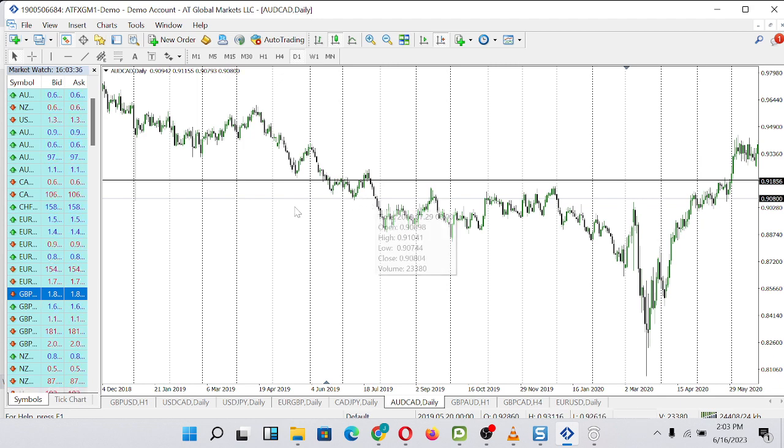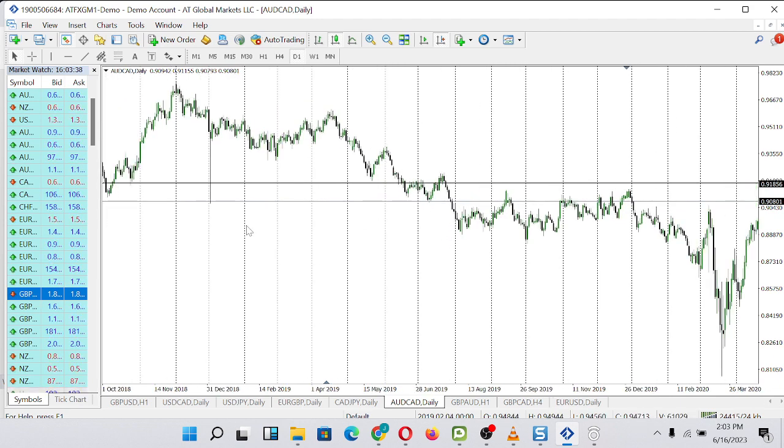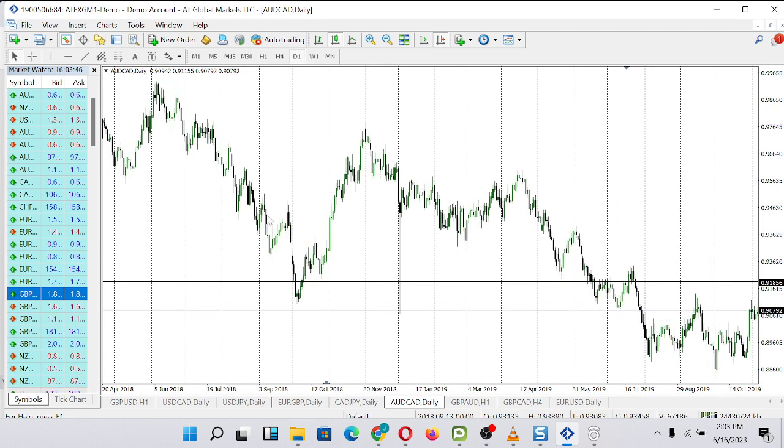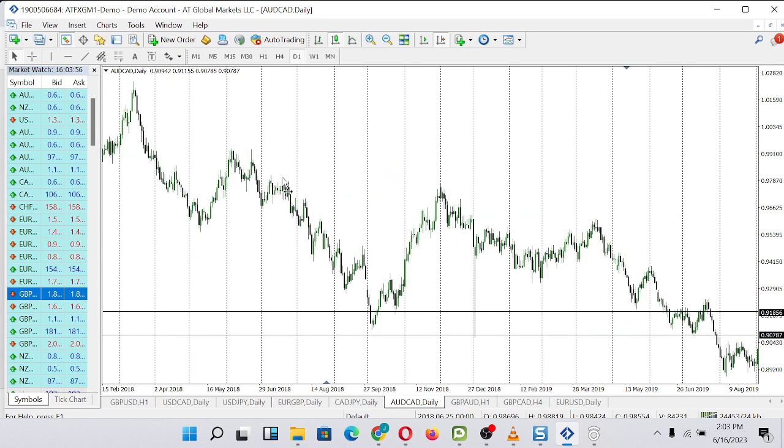So you can as well have just two, but the major ones are that it must break structure and the move must be impulsive. Okay. Now let's look at this. It didn't really raid the high. It didn't take out liquidity. It just broke our structure. And it's not really engulfing as well.